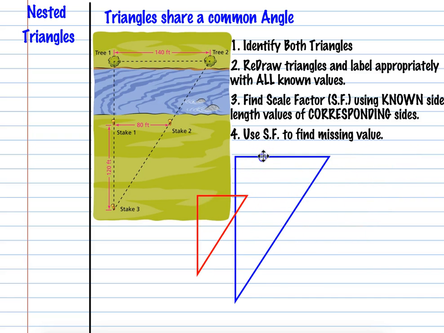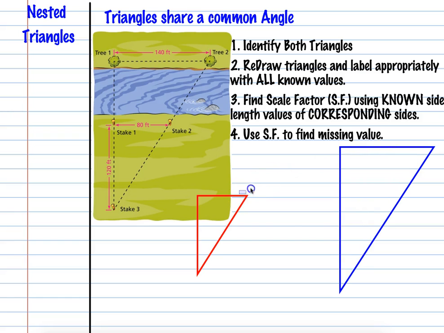Let me actually switch these places over here, be a little bit easier. So I know a couple things about my triangles. I know that the distance from here to here is 80. I know the distance from here to here is 120. I know that the distance from here to here is 140, and that's all I know.